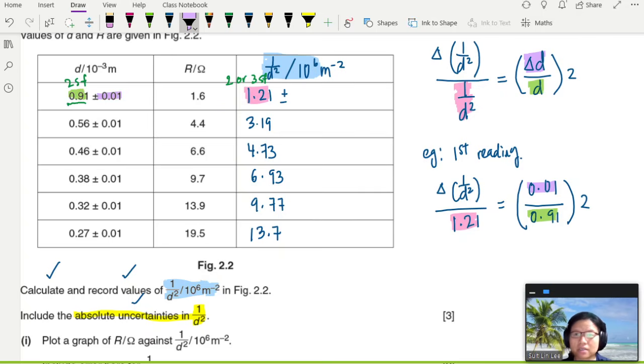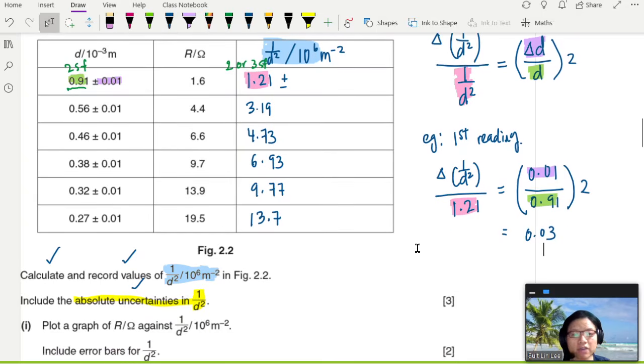To calculate the uncertainty, this absolute uncertainty has a slight difference here. You could write 1 or 2 SF. Let's say you stick to 1 SF. This will be 0.03. Generally, you need to think a bit. If you take 2 SF, it might seem nicer, but the problem is your error bar will be very difficult to draw because you cannot draw corner plots.